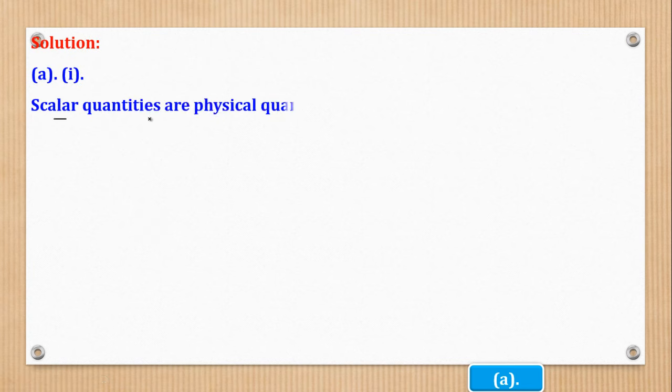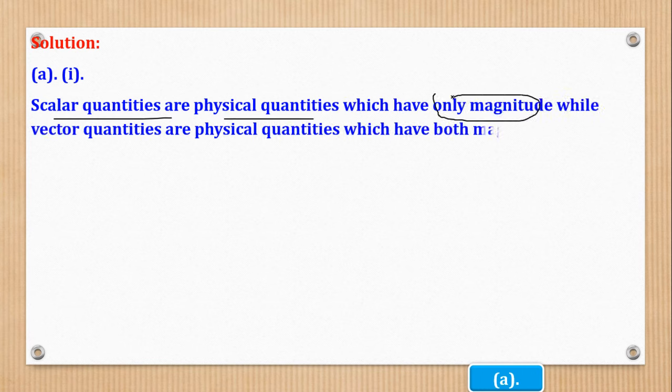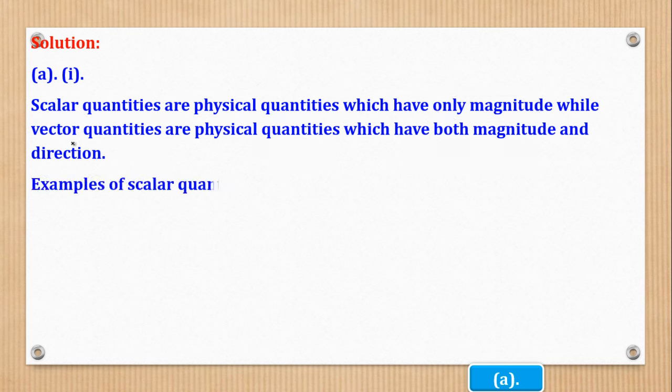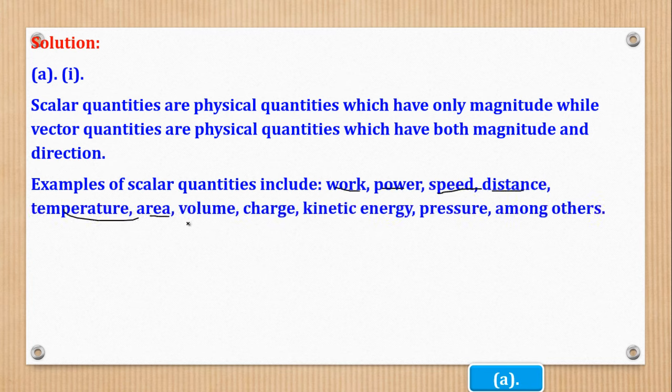So one shall say that scalar quantities are physical quantities which have only magnitude, while vector quantities are physical quantities which have both magnitude and direction. Examples of scalar quantities can be work, power, speed, distance, temperature, area, volume, charge, kinetic energy, pressure, among others. So they want any 4.